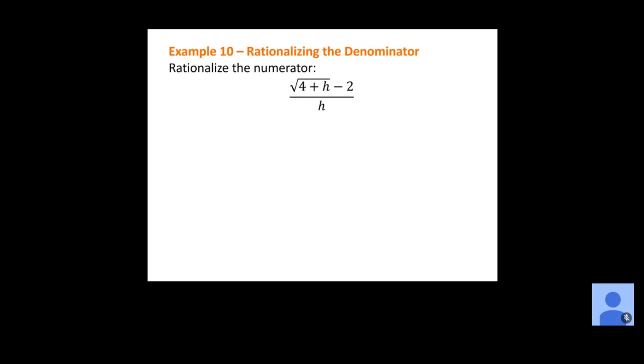Okay. All right, so if I wanted to rationalize the numerator, what would I have to multiply by this time? Okay, so square root of, now in this case, remember, we don't want to change anything inside the radical, right? We only want to change what?